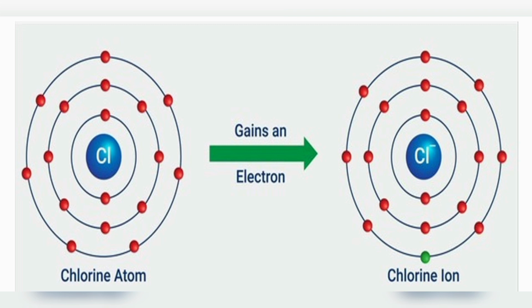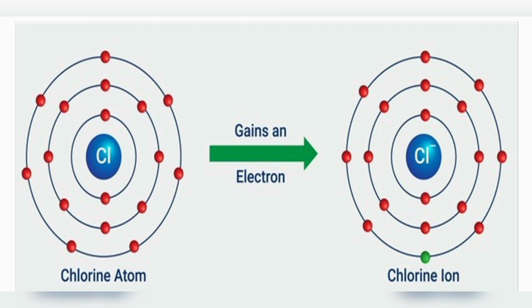So the chloride ion is a chlorine atom that has accepted one electron for its valence electrons to be 8, in other words, to attain an inert gas electron configuration or to obey the octet rule.